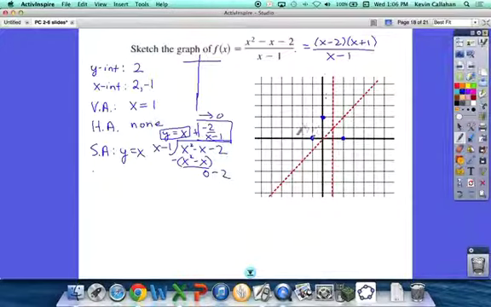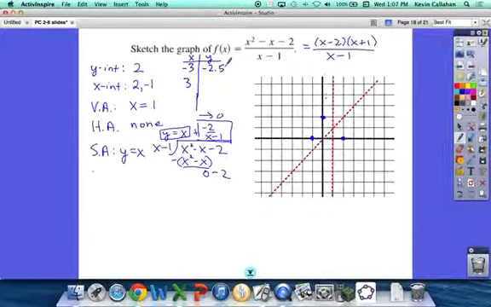Let's graph a point which is out here somewhere. How about -3? And then let's pick a point that's out here somewhere. How about 3? Maybe it'll make it somewhat easier. Okay, so if I plug in -3 here, I get 9 minus -3 is 12, minus 2 is 10. 10 over -4, which is -2.5.